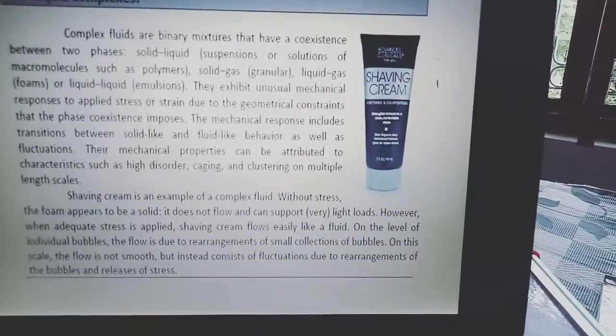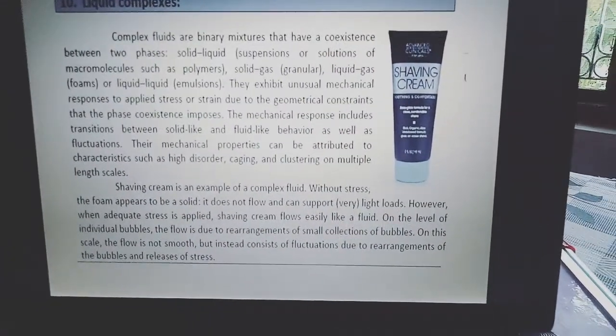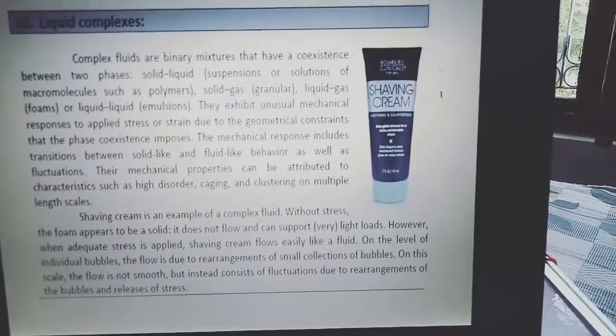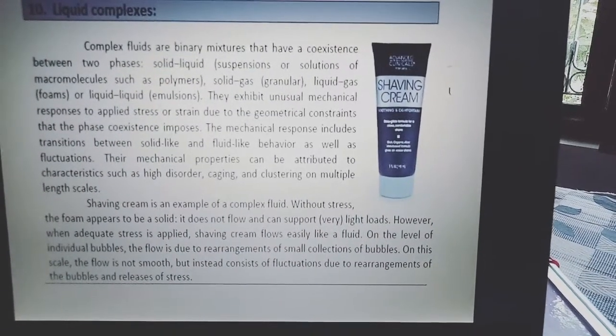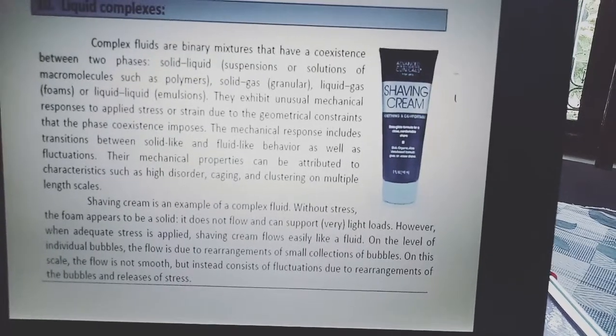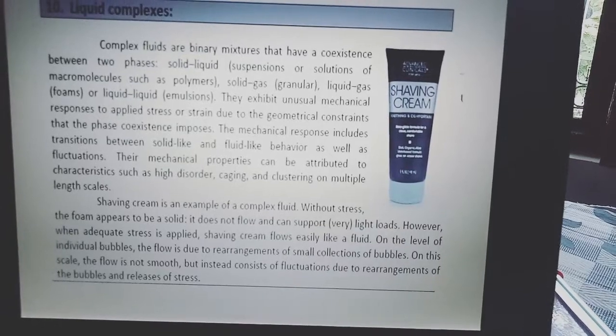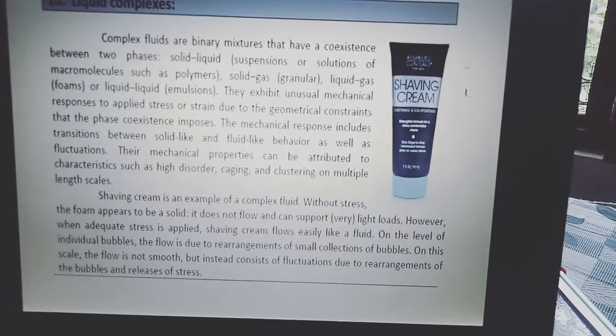The mechanical responses include transitions between solid-like and fluid-like behavior, as well as fluctuations. Their mechanical properties can be attributed to characteristics such as higher disorder, caging, and clustering on multiple length scales.